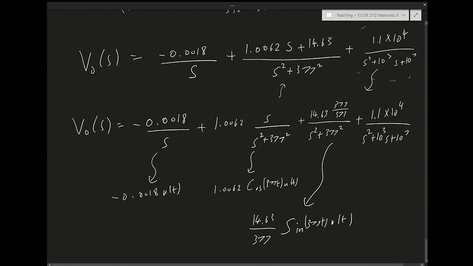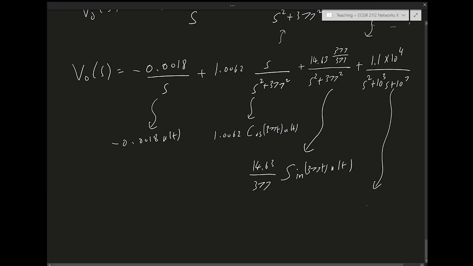So this is simple. The last one is a little bit more complicated. We just have to do what we did last time, which I won't repeat. It's exactly the same thing we did when we solved differential equations. We have to complete the square, and then write this in a way that looks like some constant, let's say f, over s plus something squared plus something, or minus something.